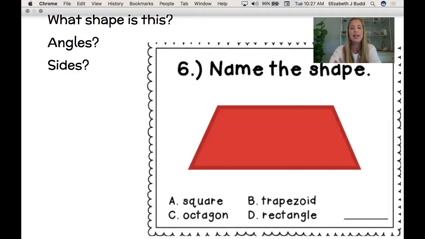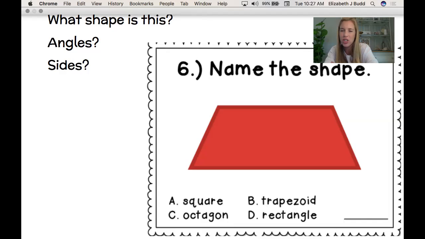Name that shape. Go ahead and write your answer on your board. Okay, hold up what you have. All right, you should have selected B, trapezoid. This is a trapezoid.